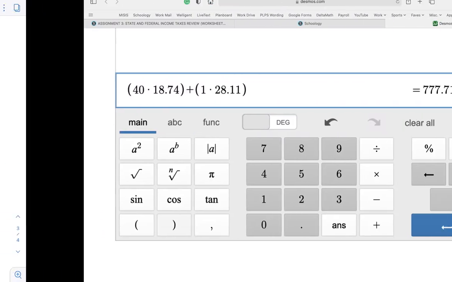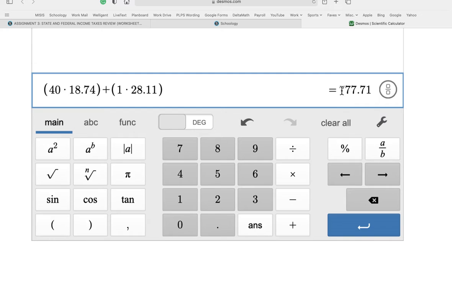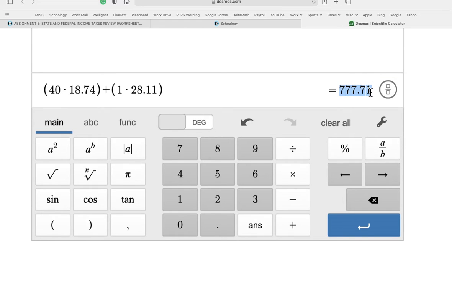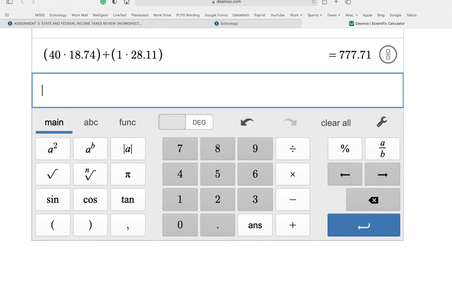So I'm going to go back here. I'm going to copy this down here. Copy. And I'm going to say 777.71 times 52 is 40,440.92.